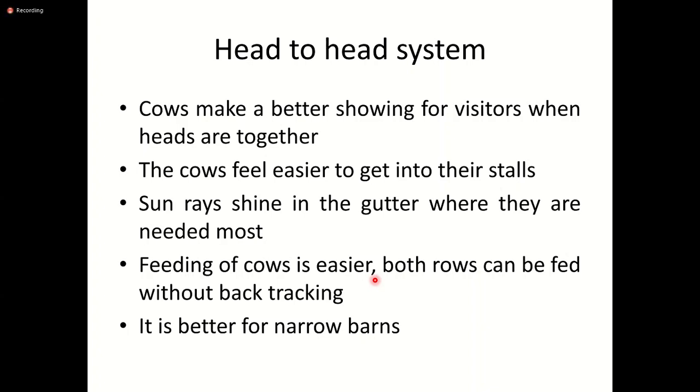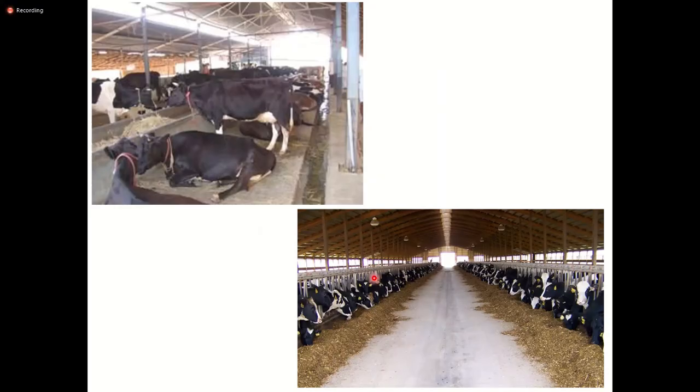One of the best supports of this system is that the sunlight coming from the side walls of the housing system reaches really well. So the back or the hind quarter of these animals can easily be dried off and disinfected. The hind quarter gets disinfected very well.